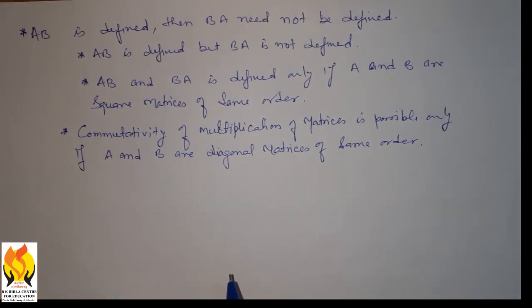So there are 4 notes I have given right now. AB is defined, but it doesn't mean that BA is also defined. Means AB is defined, but BA may or may not be defined. AB and BA are both defined only if A and B are square matrices of the same order. Commutativity of multiplication of matrices is possible if and only if A and B are diagonal matrices of the same order, right?